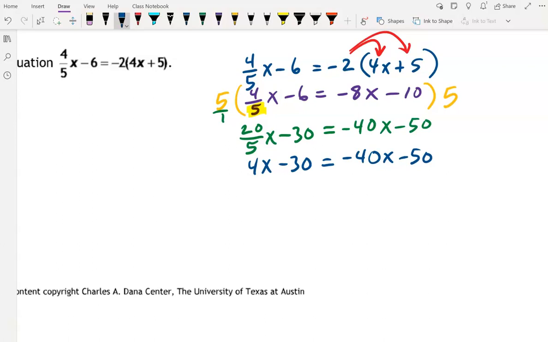Okay, well now I want to focus on moving my variables to one side and my constants to the other so I can solve for x. So first thing I'm going to do is, let's see here, I'm going to add 50 to both sides.